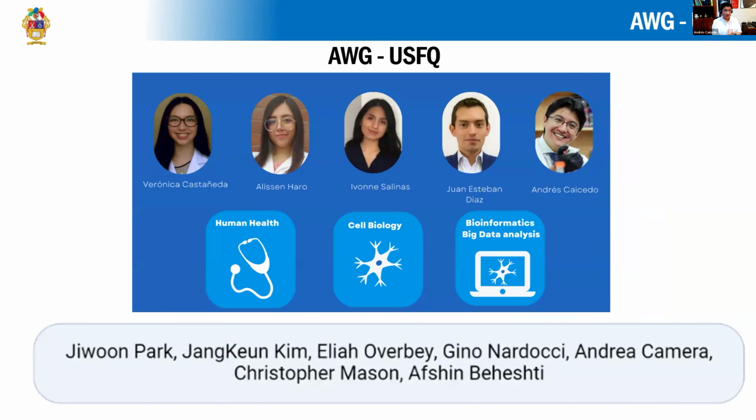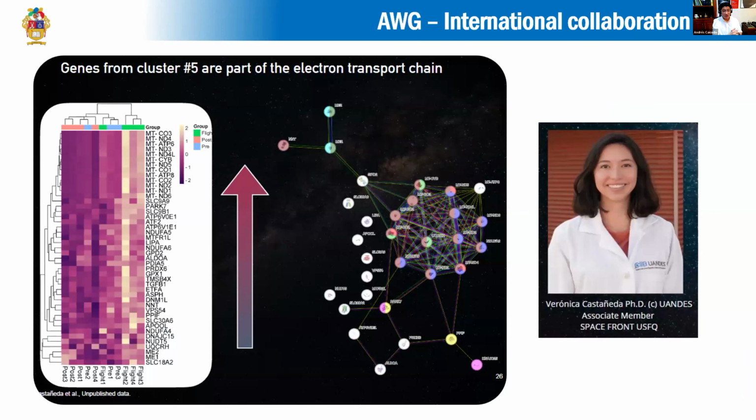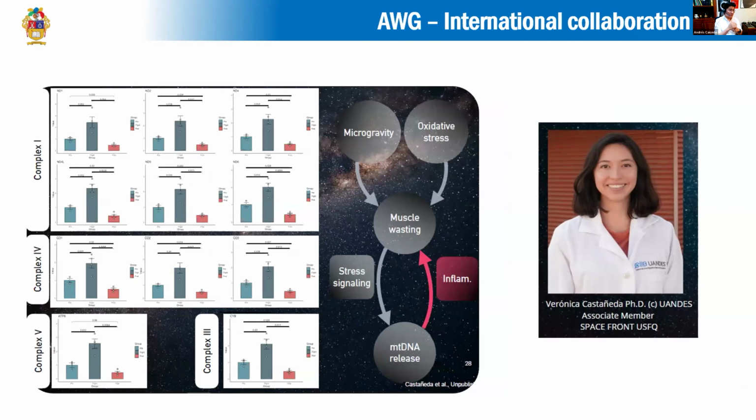And these are some of the questions that we are trying to answer here at the AWG USFQ team, together with amazing scientists such as Dr. Christopher Mason, Ashim Beheshti, Ji-Won, Jan Keung, Elia Gino, and Andrea Camera, in which this part of the results was presented yesterday by Dr. Veronica Castañeda. She showed that there is mRNA coming from mitochondrial genes in circulation in the JAXA mission. It was very interesting to understand that for different complexes, complex 1, complex 4 and 5, there is the presence of this RNA in circulation.